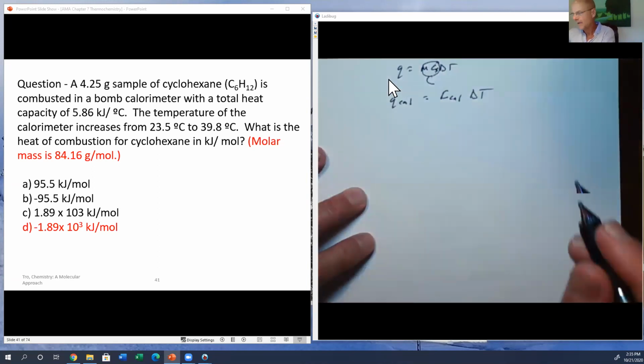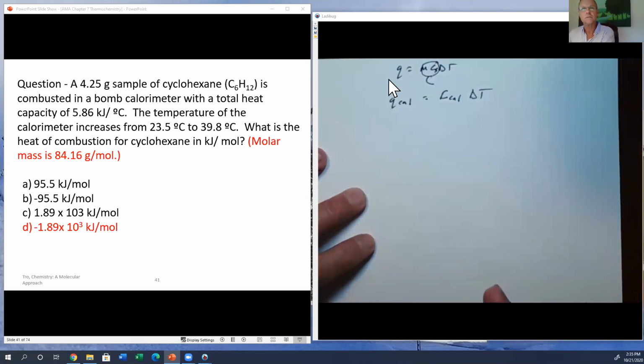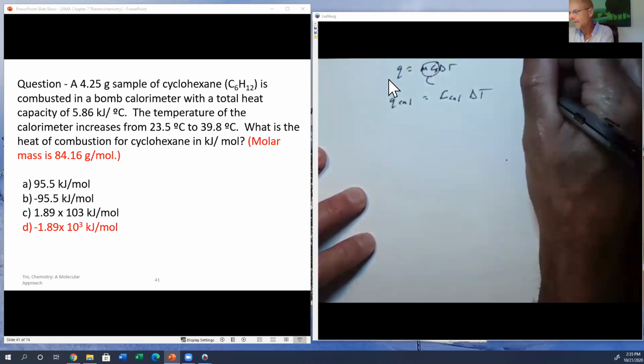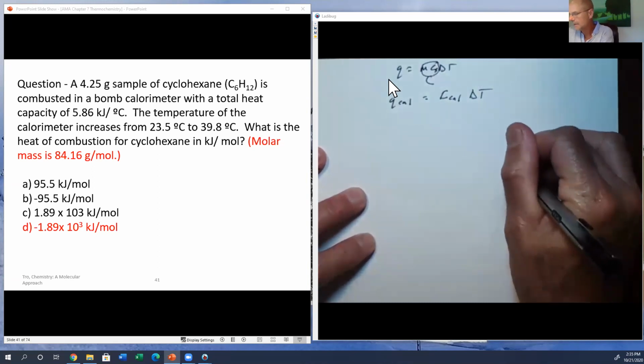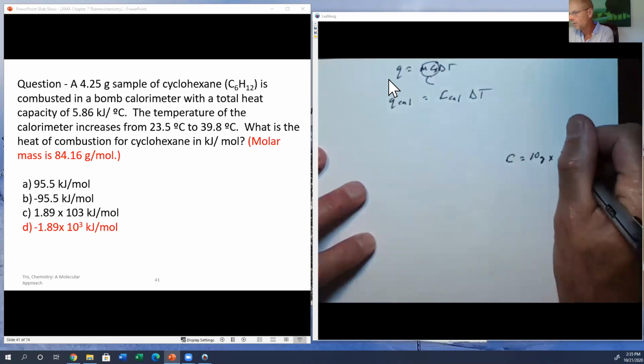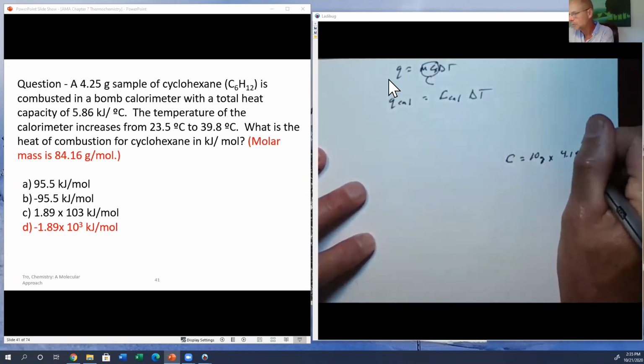So for example, what's the heat capacity of 10 grams of water? C equals 10 grams times 4.18 joules per gram degree Celsius.